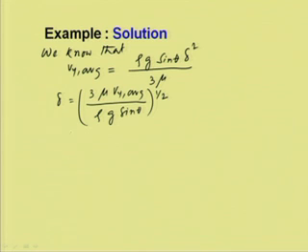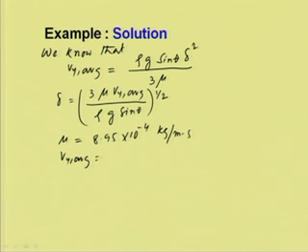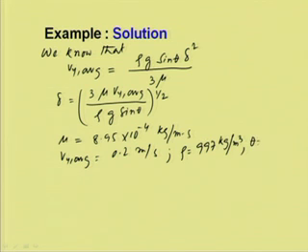The values given are: mu is 8.95 into 10 to the power minus 4 kg per meter second, V_y average is 0.2 meter per second, rho is 997 kg per meter cube, theta is 45 degrees, and g is 9.81 meter per second square.